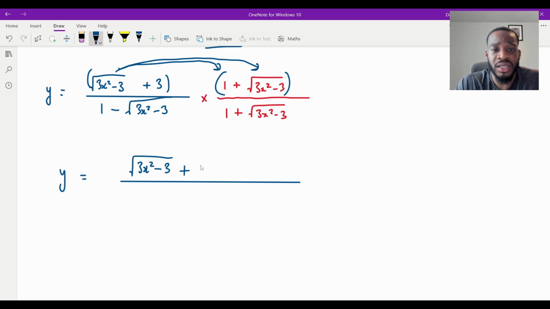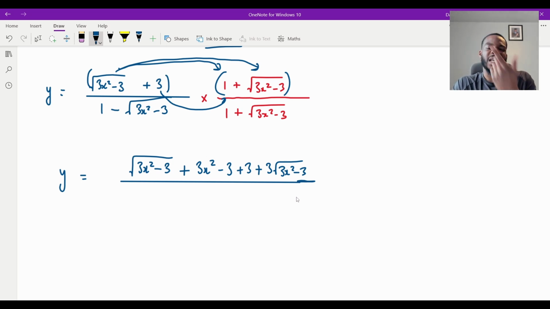It's just going to be plus 3x squared minus 3. And then this one is going to be 3 times 1, which is a 3. As well as that, 3 times the square root of all of that, that's just going to be plus a 3, and then root of 3x squared minus 3. So that is the numerator expanding out.